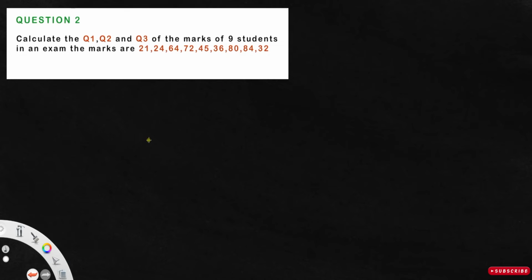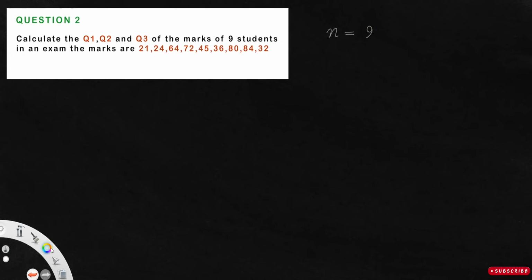In the classical method, we classify the data as even number of data and odd number of data. But in the modern method, you can use the interpolation method. Now we have n equal to 9.